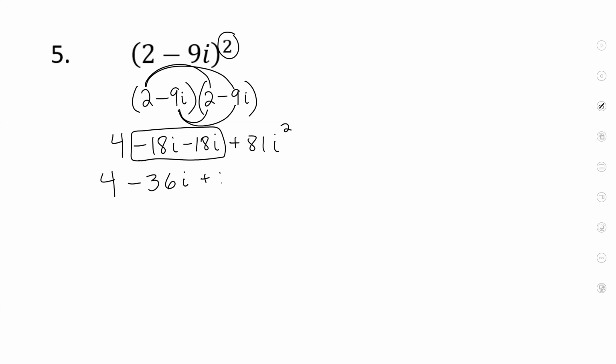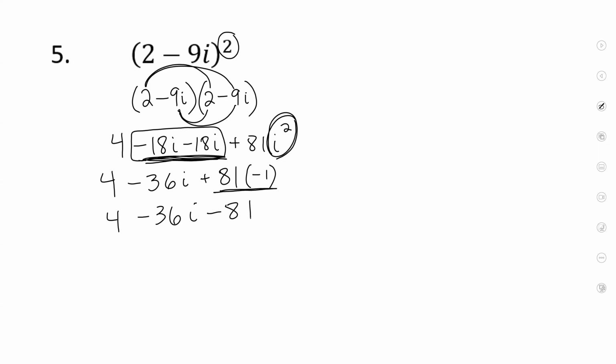Plus 81, and guys, i squared is just negative 1. So in this step, we combined the i's and we simplified i squared to negative 1. Okay, let's continue. 4 minus 36i, 81 times negative 1 is minus 81.